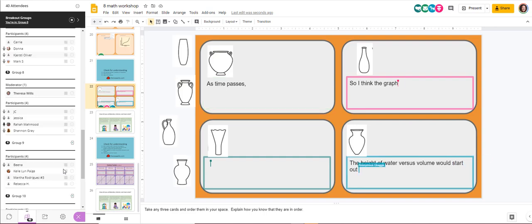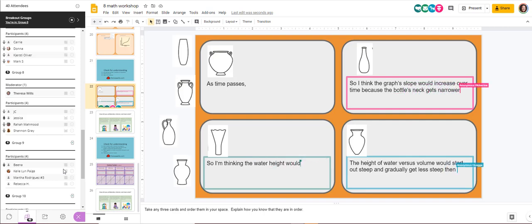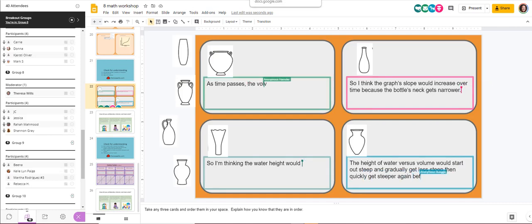Because the graph is, oh, this one is height and volume, but the video was rate of change, which used time. It's hard.